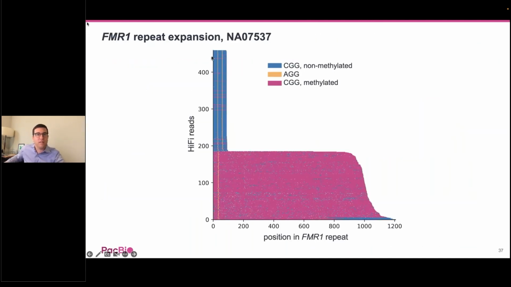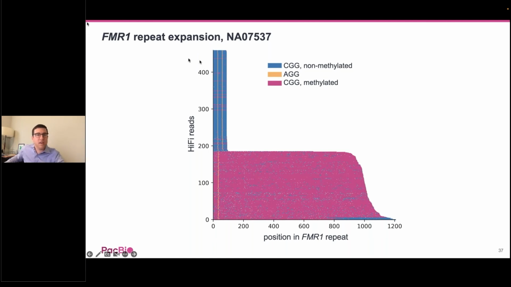You have, in this case, the FMR1 repeat, a region of the genome where there's a CGG repeat near the FMR1 gene that can expand. And when it expands over a certain critical length, it causes Fragile X syndrome. And we see here an individual, a cell line that we sequenced, that has 1 wild type FMR1 allele and 1 expanded FMR1 allele.